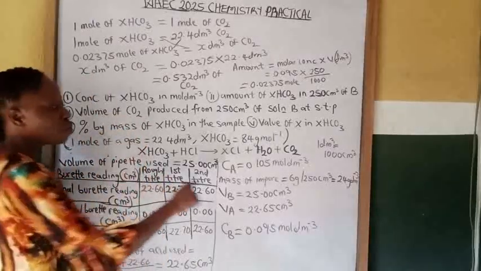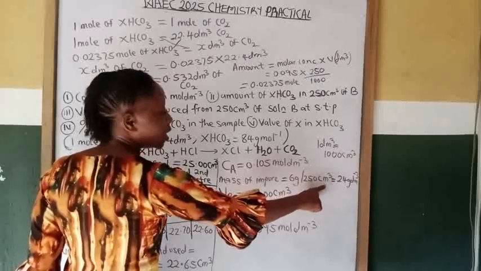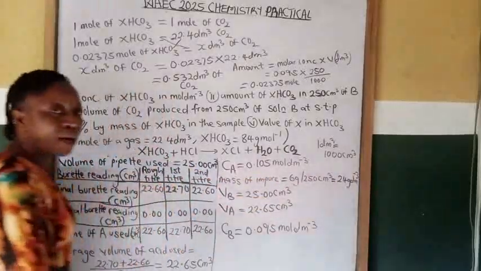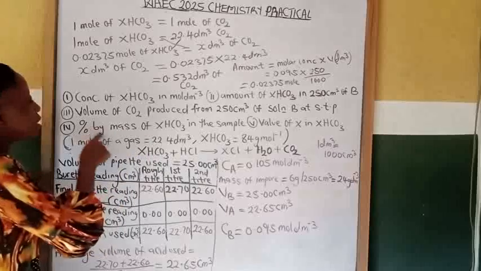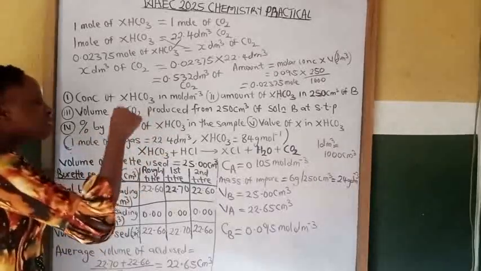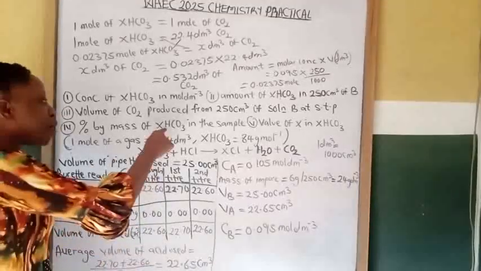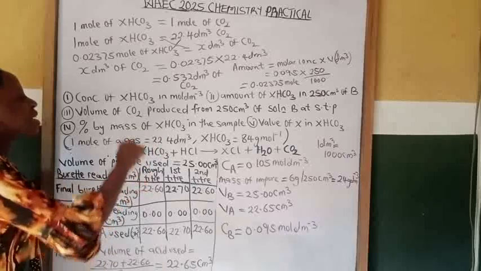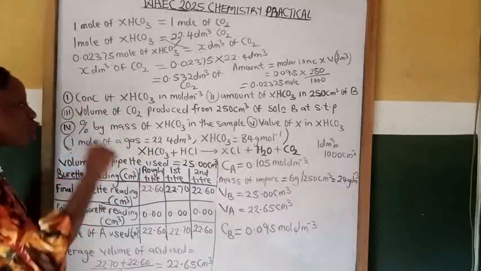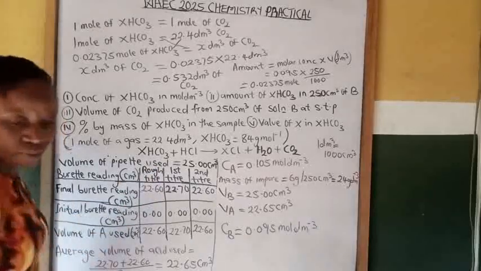So the mass of impure is this 6 gram per 250 centimeter cube that we have converted to 24 gram per dm cube. So we are looking for the percentage by mass of XHCO3. XHCO3 is our pure substance because it is our base. So we are looking for the percentage by mass of pure base, which is XHCO3.